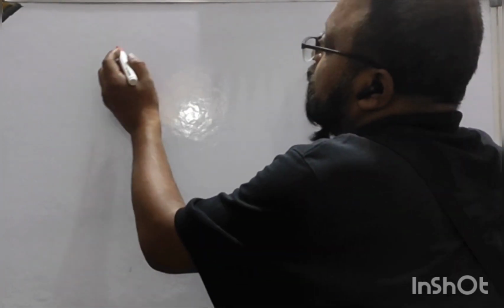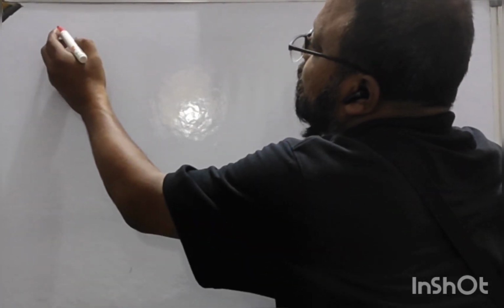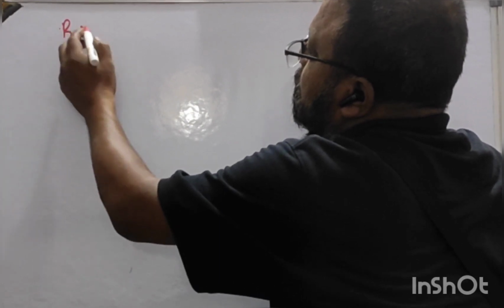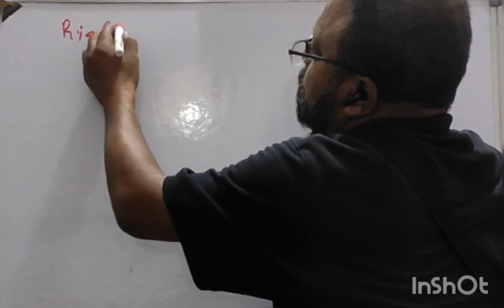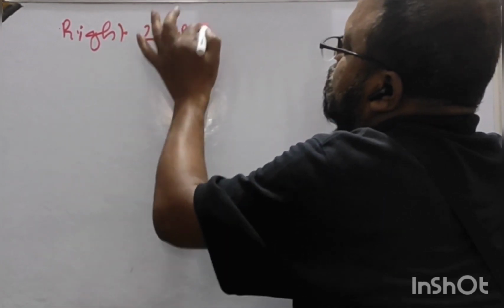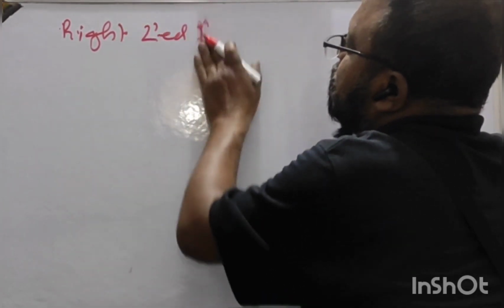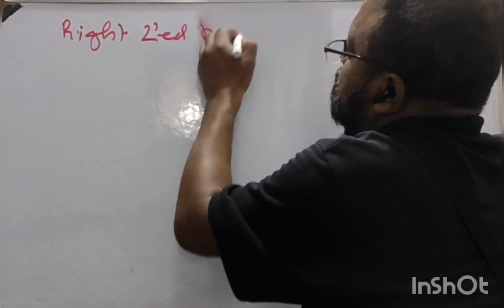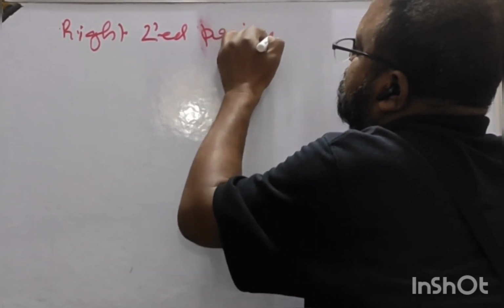I will try to explain one more condition. There is a right-angled prism. This is the prism we have.